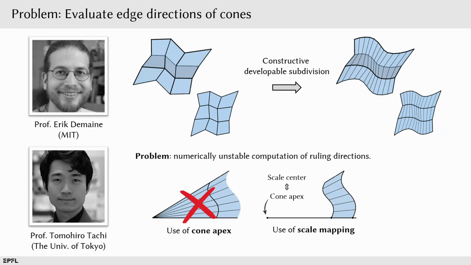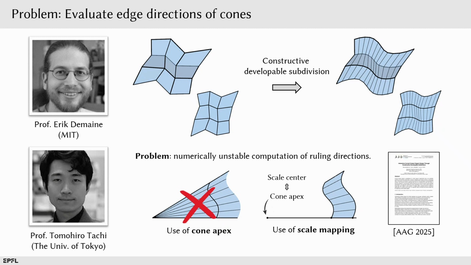Specifically, we used scale mappings where the scale center would correspond to the cone apex. And instead of encoding the scale mapping with the scale center, we would encode the scale mapping with the scale factor that would determine the scale center. And if you're interested to learn more about this project, I invite you to check out our last year's Advances in Architectural Geometry publication.